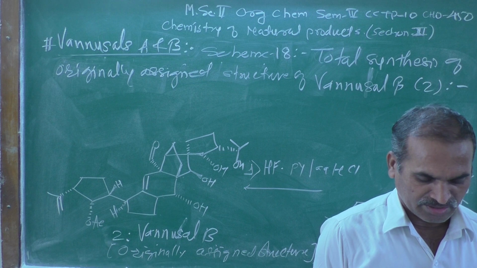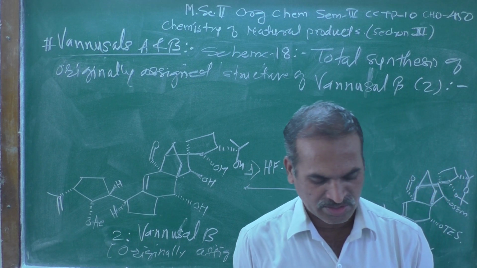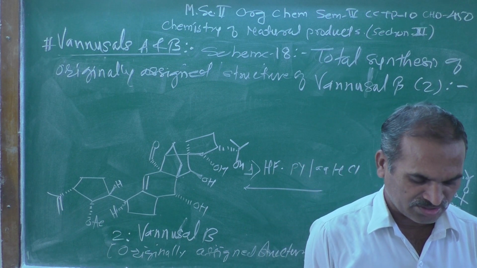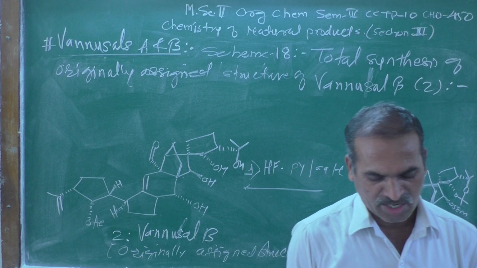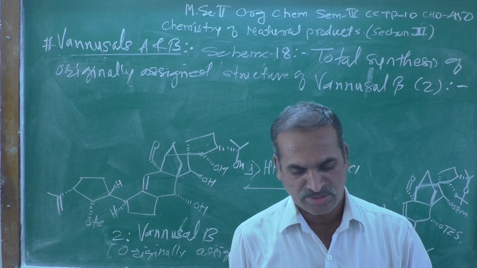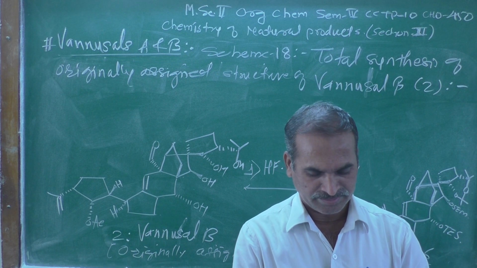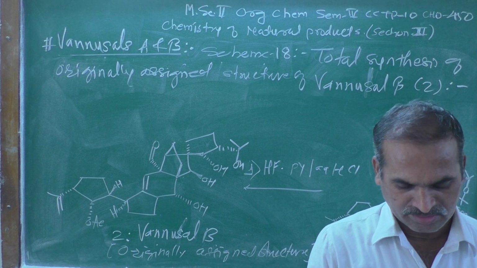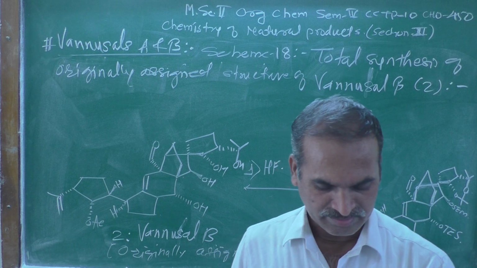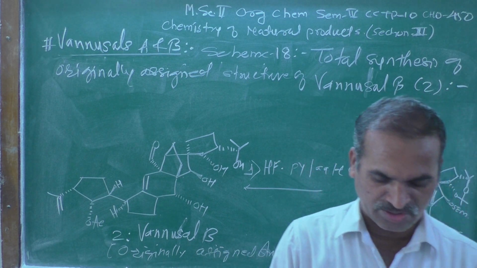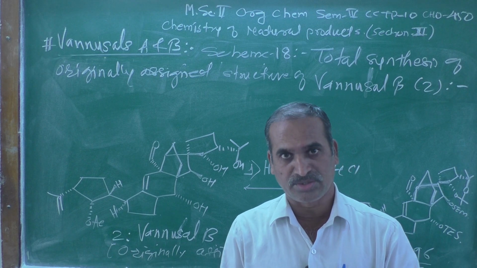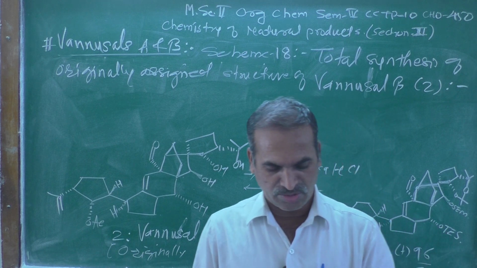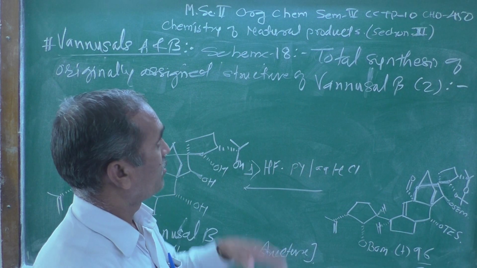Which revealed the expected through-space interaction between H7, H10 and H10, H27 as shown in figure 3. How the NOE relationship is shown there, that type of discussion we will see in our next lecture.